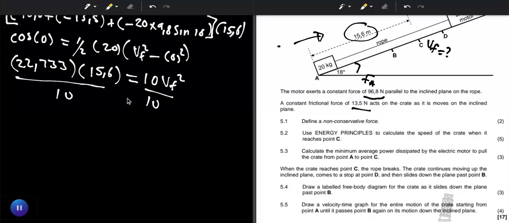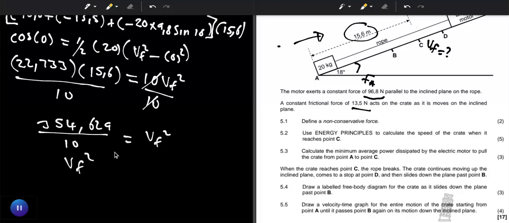So we're going to be left with what's the value over there? I'm going to start with the one at the top. When you multiply these two, you're going to get 354.629, then all over your 10, and over here you're going to have your VF squared. Now this will cancel this, and then just put the squared here, and therefore you also put the squared over here.